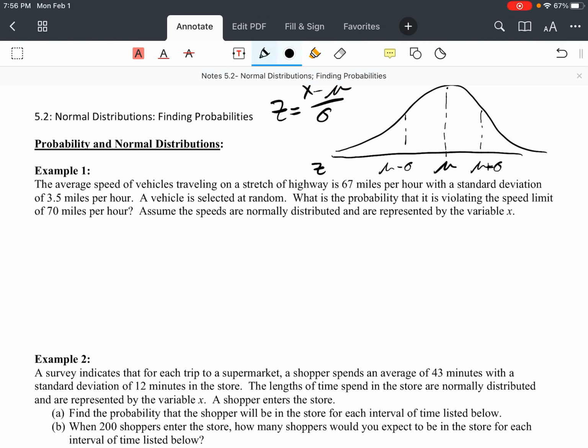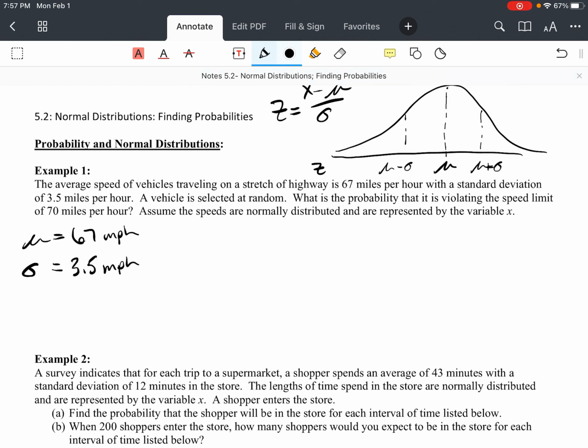It says the average speed of vehicles traveling on a stretch of highway is 67 miles per hour with a standard deviation of 3.5 miles per hour. So let's go ahead and write that down: the average is 67 miles per hour, and the standard deviation is 3.5 miles per hour.